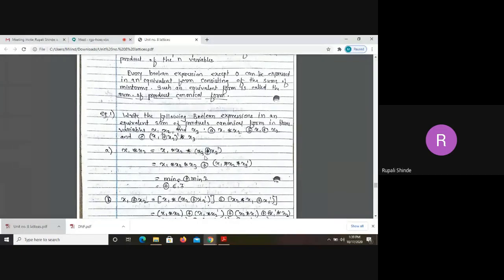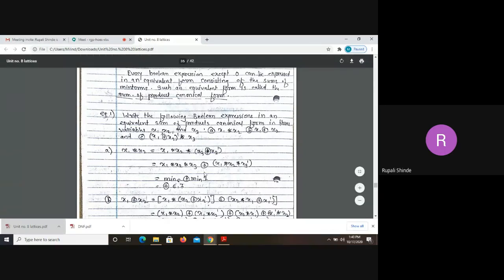The new term we have added is x3 XOR x3 complement. Its effect is null, because the value for x3 is 1, and XOR the value for x3 complement, which is 0. 1 XOR 0 is 1, and x1 star x2 star 1 again gives x1 star x2 only. That's why we can directly add this term.